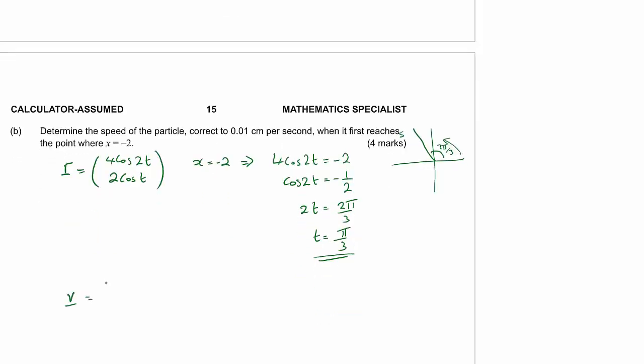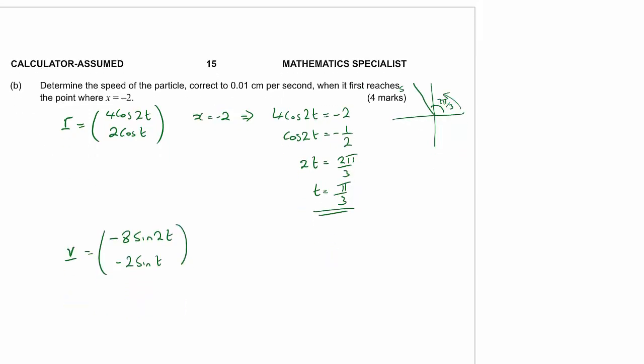So the velocity vector is, well, cos differentiates to negative sine, and don't forget to use the chain rule on this one, so it's going to end up being -8 sine 2t, and this one's going to end up being -2 sine t. And we want v of pi by 3.